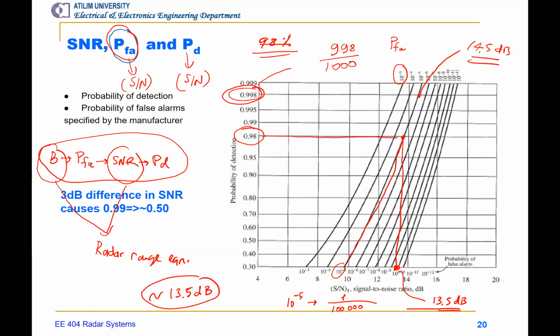So every 1,000 signals, I detect 998. That's how we read probability of detection. If I got 1,000 echo signals and I can detect with this rate, I can detect 998 of them, so I missed only 2. That's a quite reasonable number.